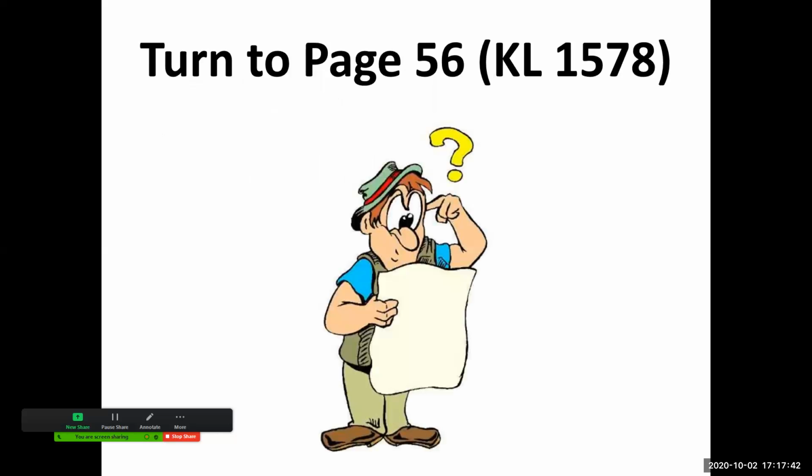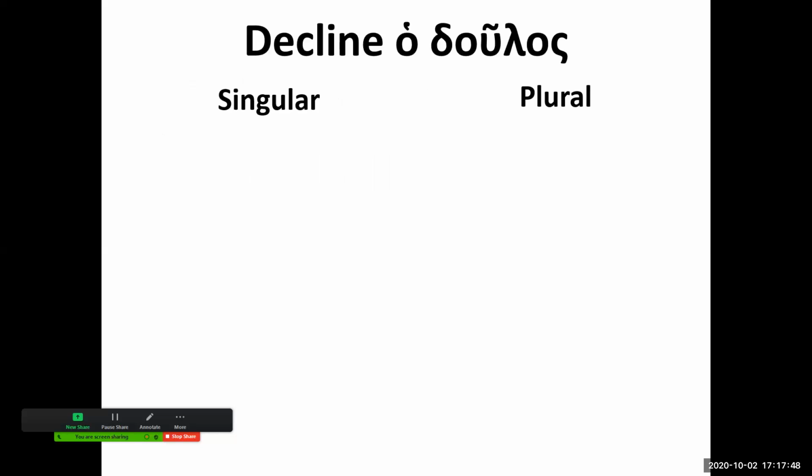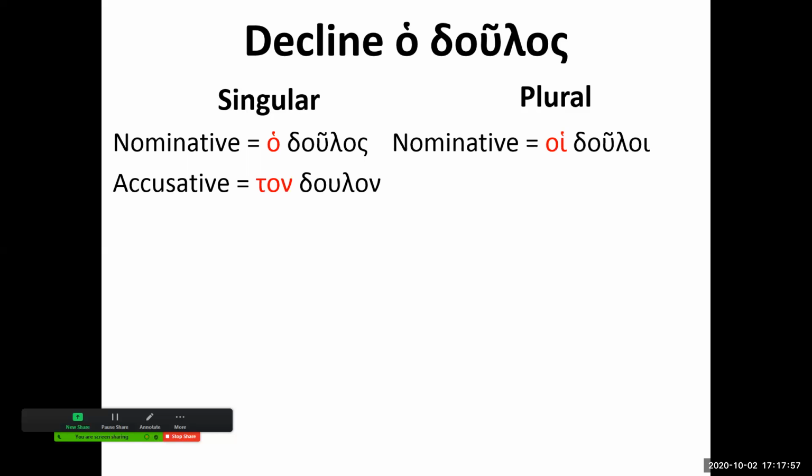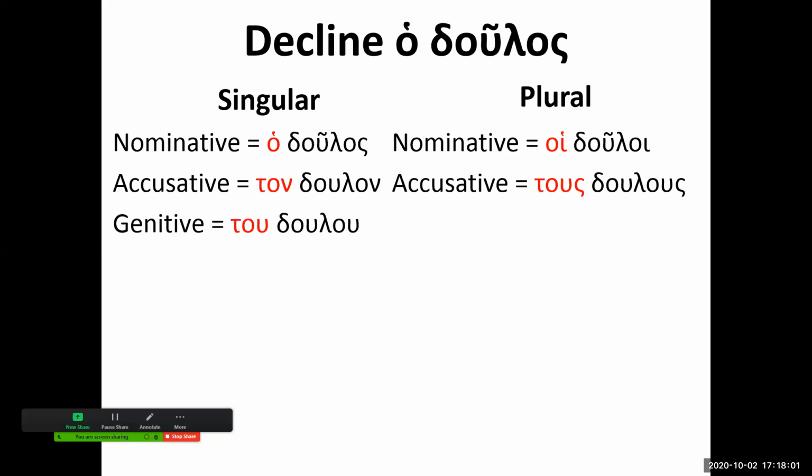Now, if you turn to page 56 again, you'll notice that we have not only the endings of the nouns, we also have the article. Ho doulos, hoi douloi, ton doulon, tous doulous, tou doulou, tōn doulōn.